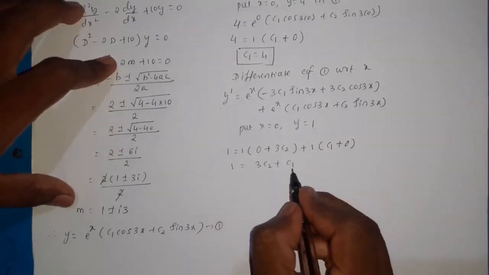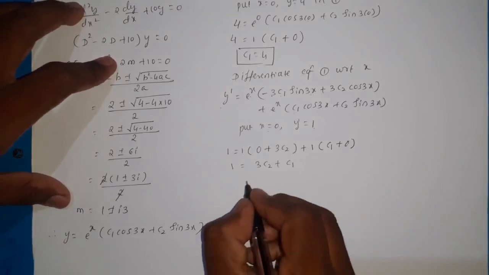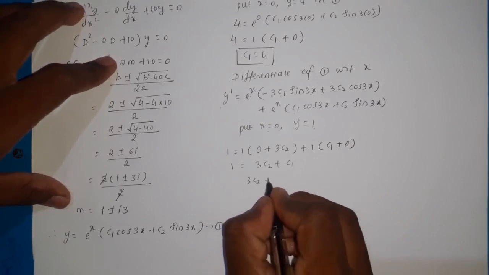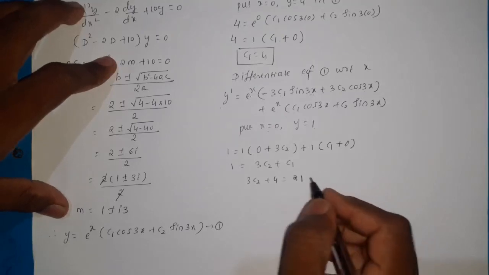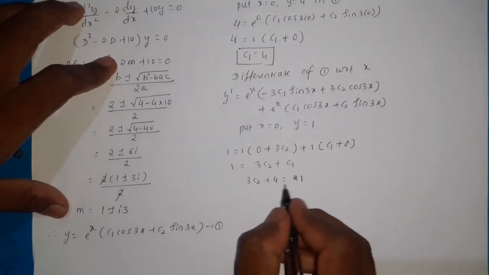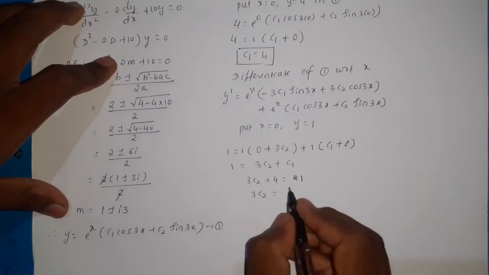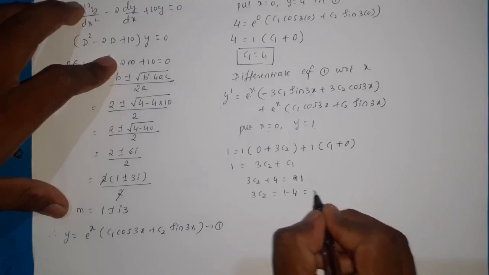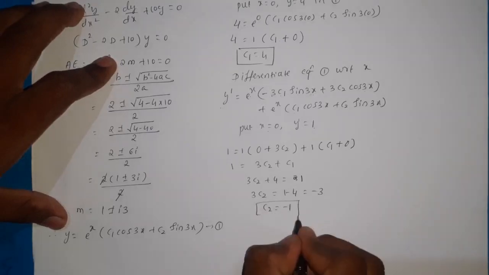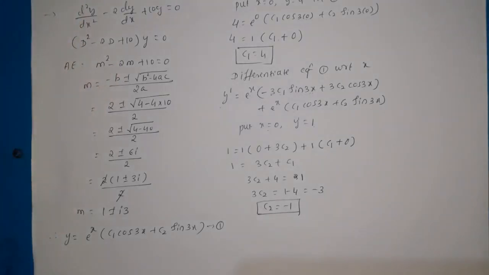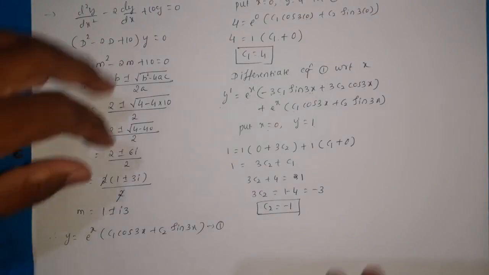We know the value of c1, that is equal to 4, then 3c2 plus 4 is equal to 1 and 3c2 equal to 1 minus 4, which is equal to minus 3, then c2 is equal to minus 1. So now we got c1 equal to 4 and c2 is equal to minus 1.